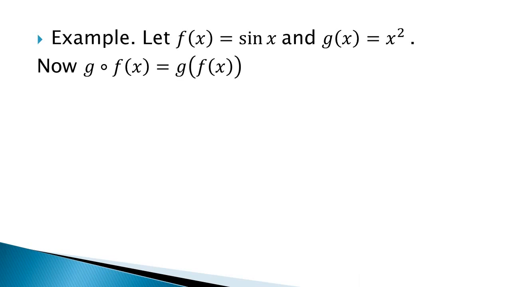If we put the value of f(x) there, f(x) is sin x, and we follow the rule of g(x). And what is g(x)? g(x) is x square, which means we have to replace x by sin x. We get g of sin x will be sin square x.